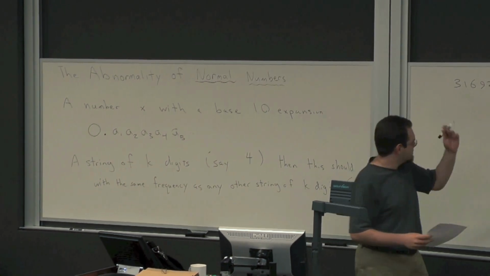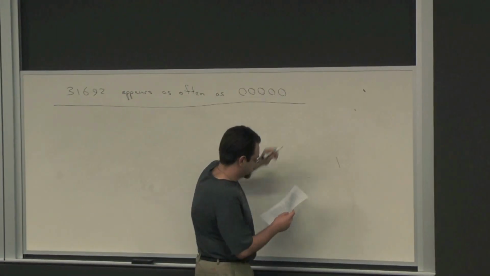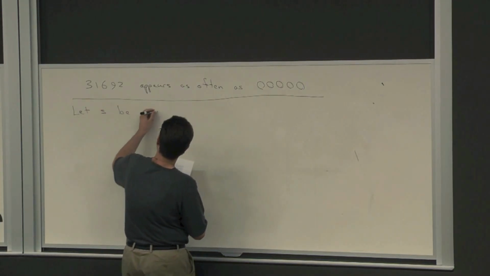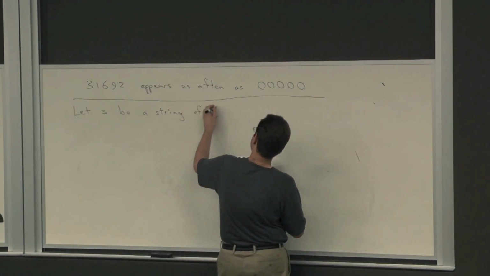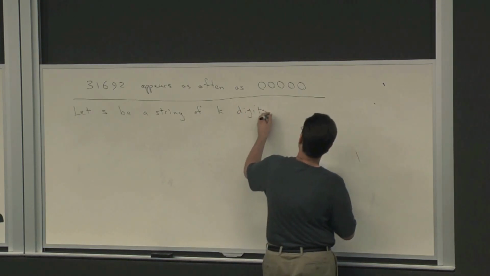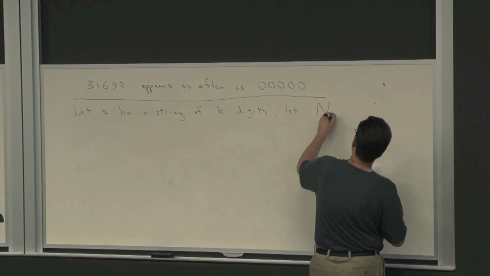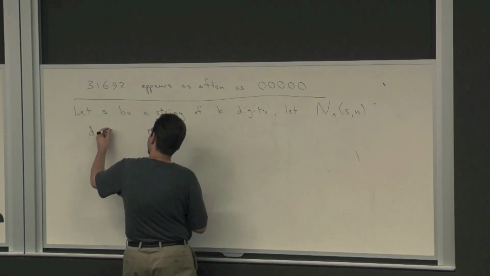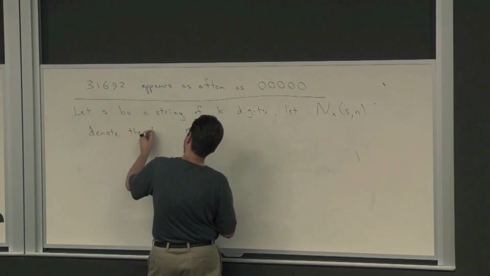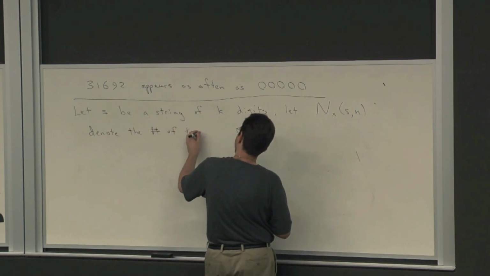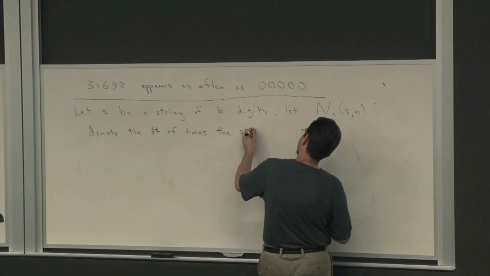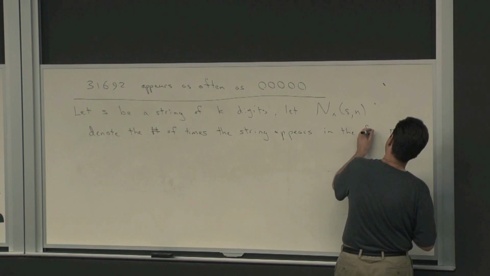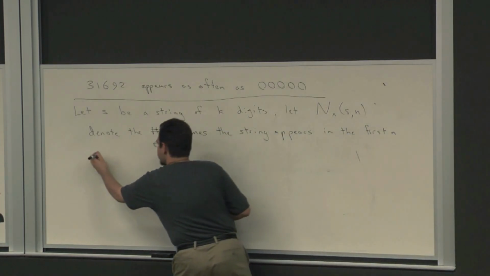Okay, so that's the really basic definition. What about making this precise for mathematicians' sake? Let S be a string of k digits. Let this crazy notation denote the number of times the string appears in the first n digits.